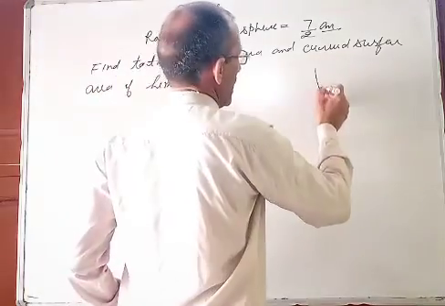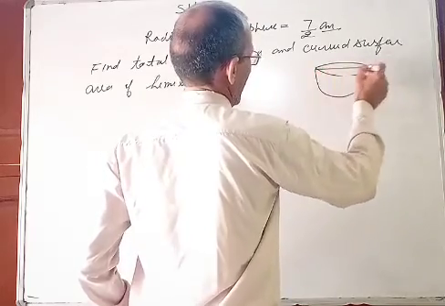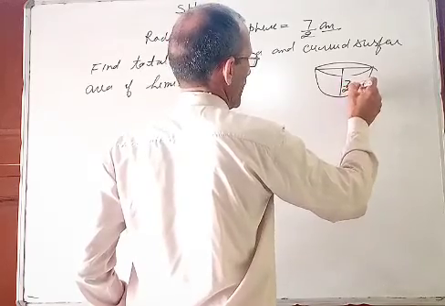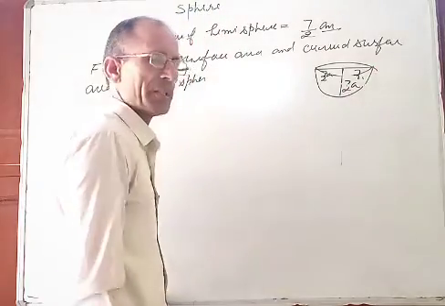So for this hemisphere, the radius is 7 by 2 centimeter.